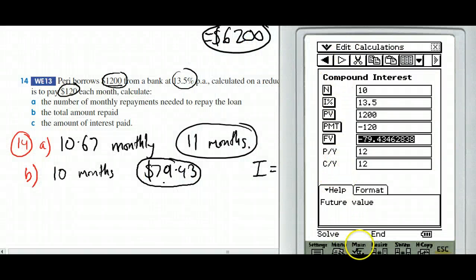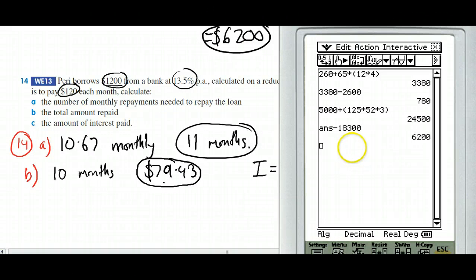So we need to go to main, and we've got 79.43 multiplied by the interest rate of 13.5, and that's multiplied by 1 month, which is 1/12 of a year, and it's all divided by 100.